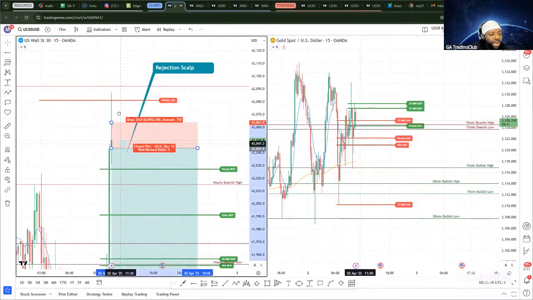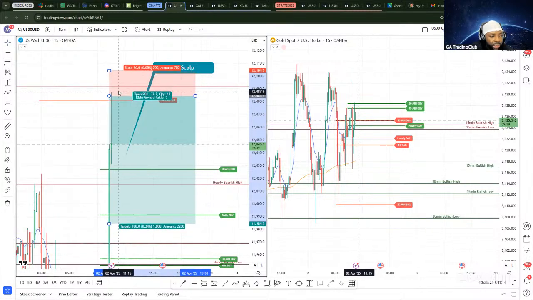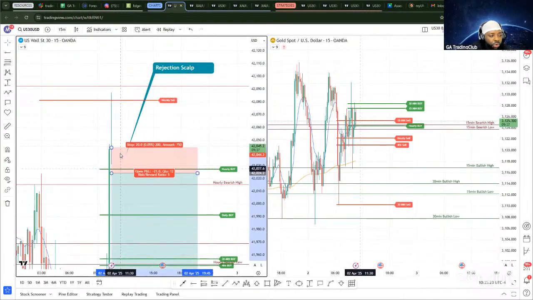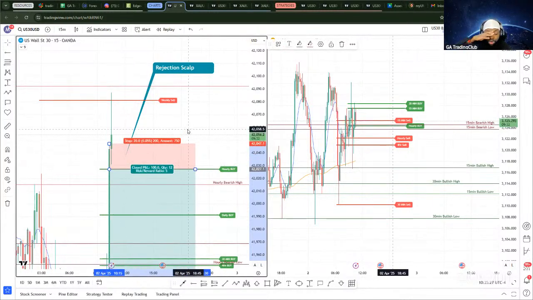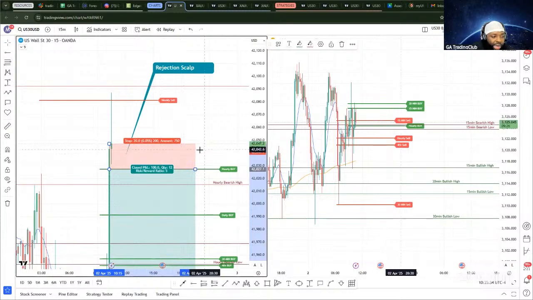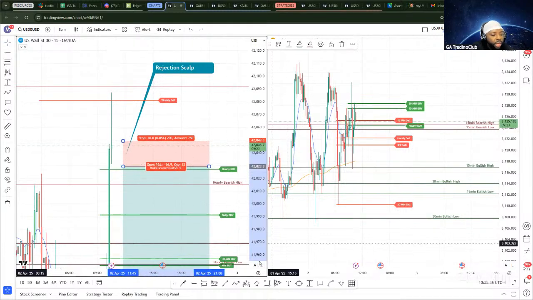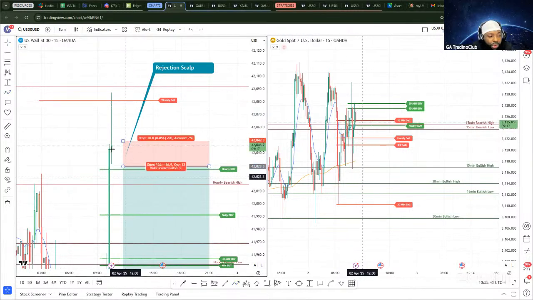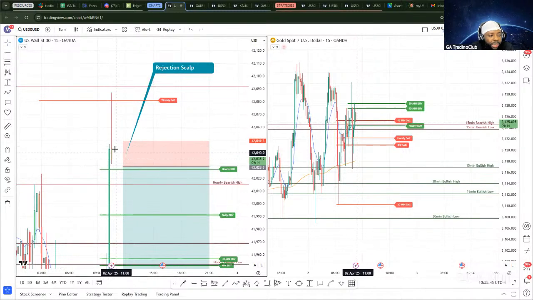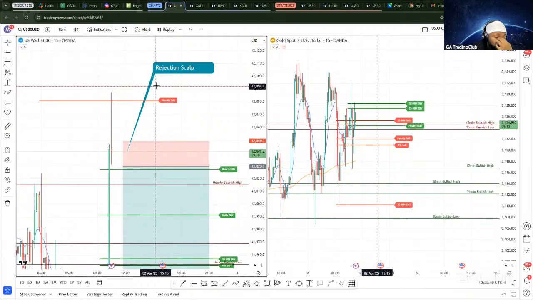Remember, you want to trade the candle that's currently going from a rejection level. You don't want to trade when a candle has already closed. So I'll just put a reminder for myself to check the time when I'm entering the trade and make sure that I'm not trading on a candle that has already closed, because for this trade, we took it when this candle had already closed, which means that the candle had already closed above the rejection level, while the anticipation was that the candle closes below the rejection level.